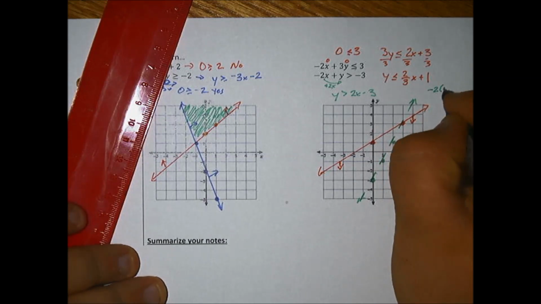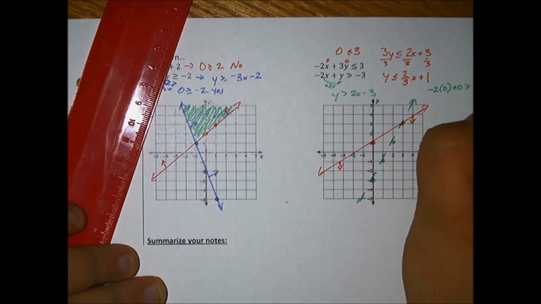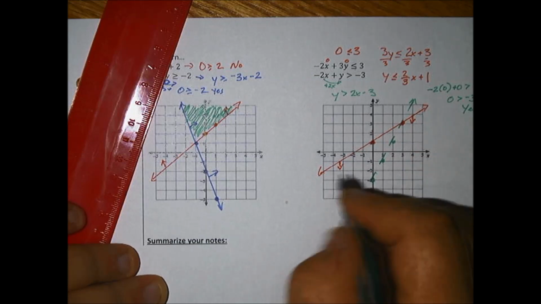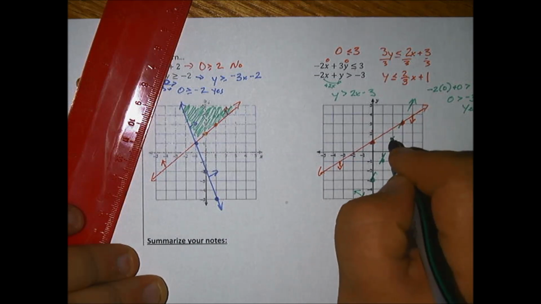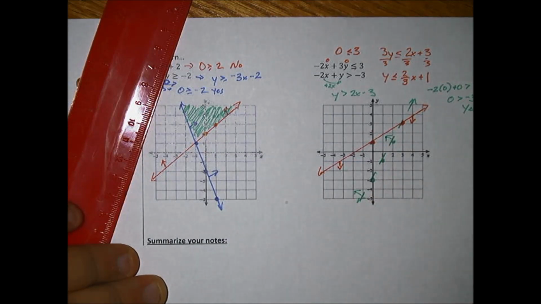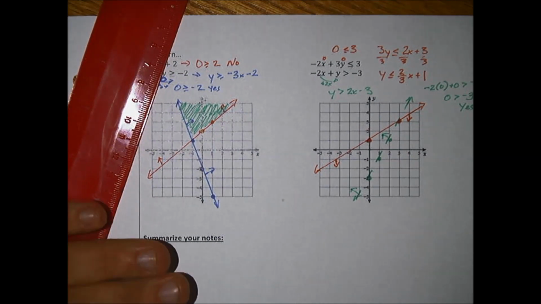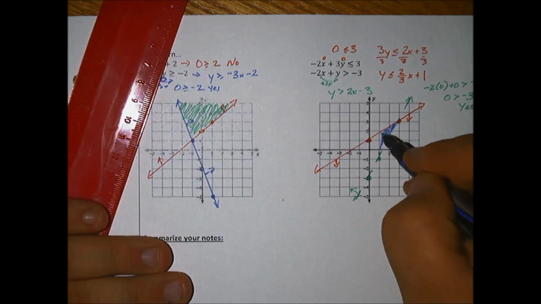So negative 2 times 0 plus 0 greater than negative 3. Is 0 greater than negative 3? Yes, it is. So I'm going to shade to the 0, 0 side, the origin side of that line. So it's going to be up above it. And again, I'm just shading where they overlap, which is right in this section here.